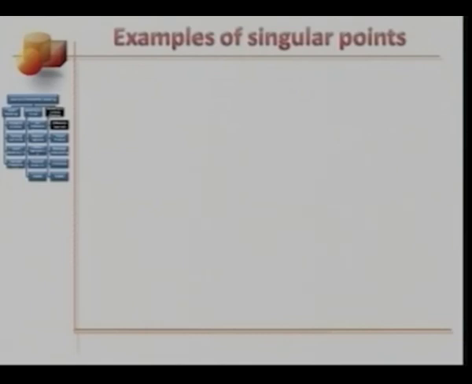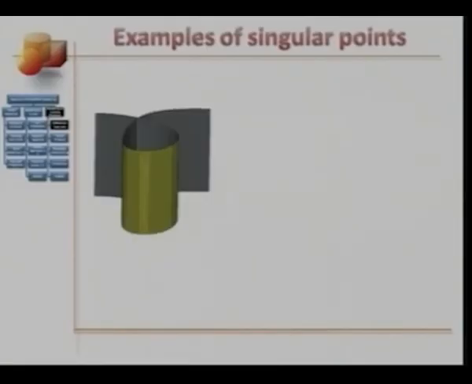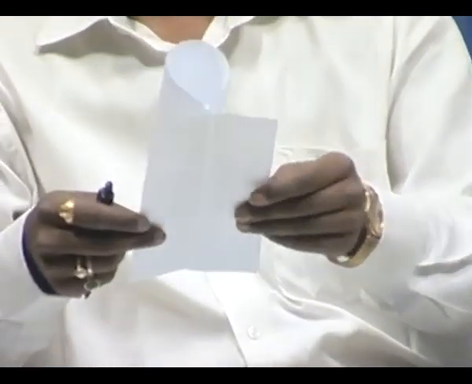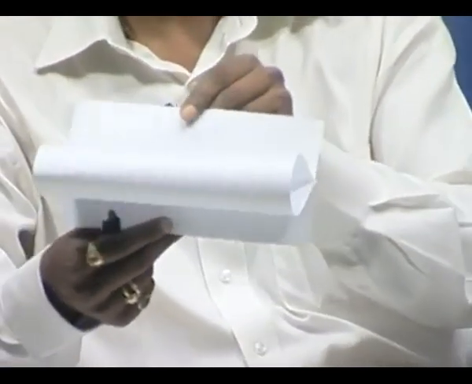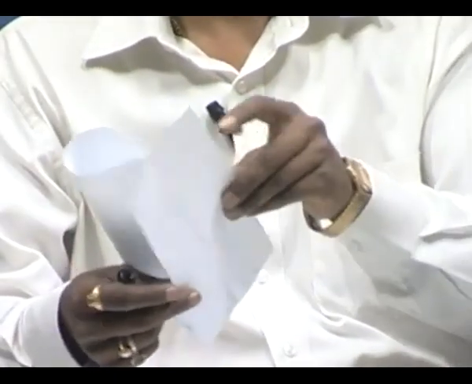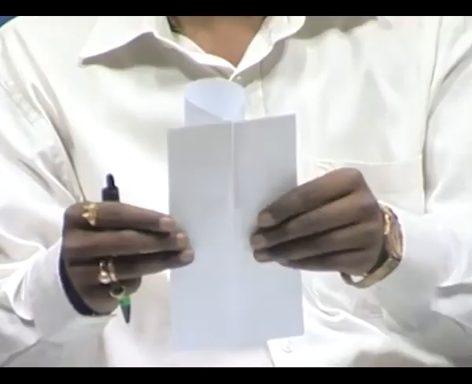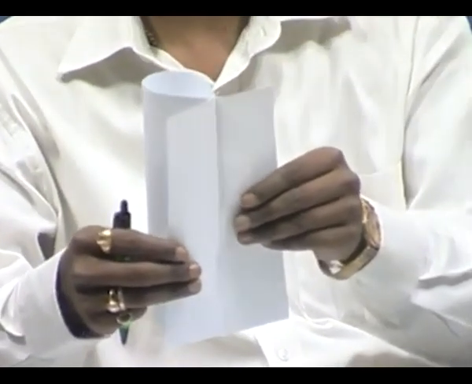Let's look at some examples where we see singular points. This is the first one. The patch is a self-intersecting patch that looks like this. Try to identify the two parametric directions.